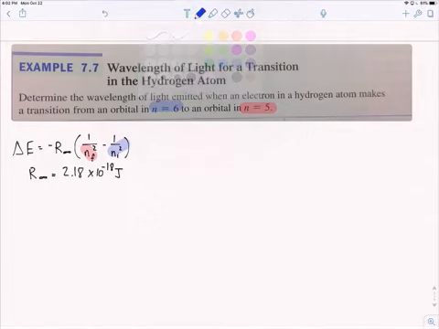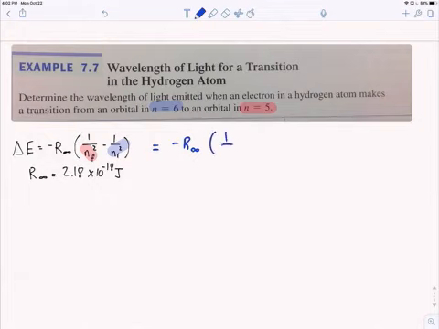So then delta E is equal to minus the Rydberg constant times 1 over 5 squared minus 1 over 6 squared. So let me look at this: 1 over 25 minus 1 over 36. Is this a positive or negative number? That's a positive number, actually.